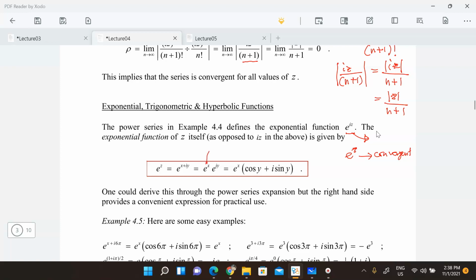Exponential is convergent for a real variable, and you have also seen that this one is simply cos y plus i sin y. So no matter what z value you take, this is well defined and this is well defined. So in other words, exponential z is an entire function for which you can take any value of z, and you still have a well-defined function with whatever the value of x and y is supposed to be.